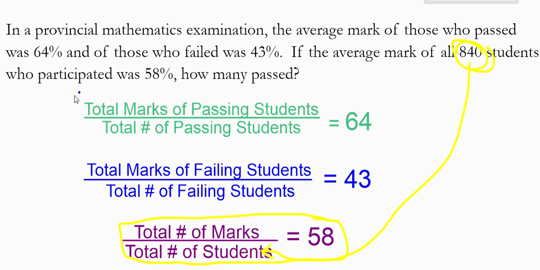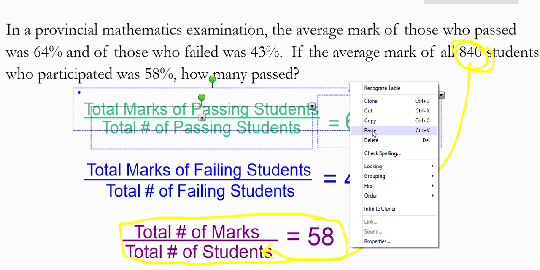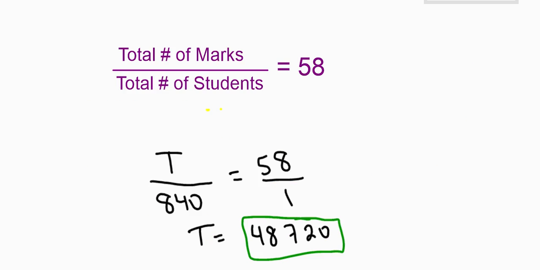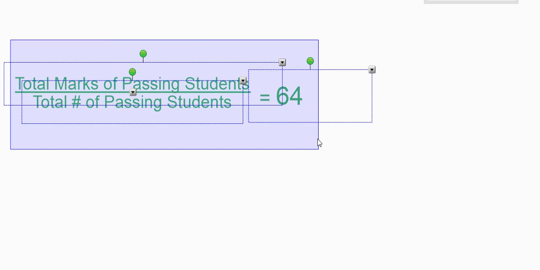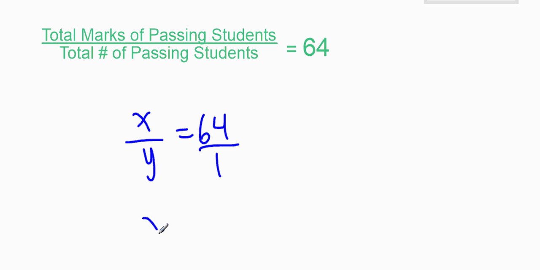We know this: the total marks of passing students divided by the total number of passing students. So therefore, based on what we've just defined, X over Y equals 64. Another way of writing that is I could cross multiply and make it a little simpler and say that X equals 64 times Y.